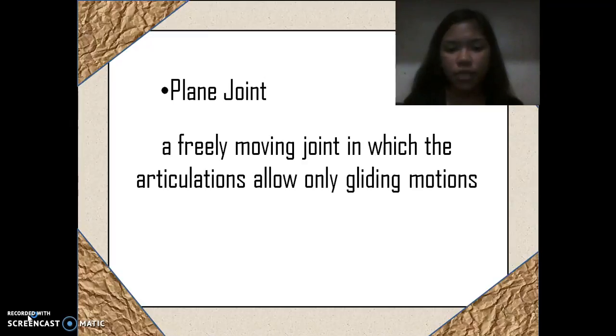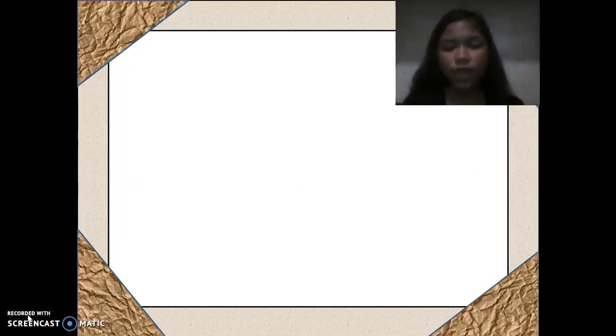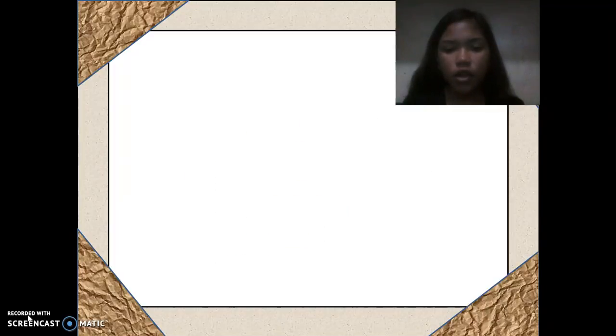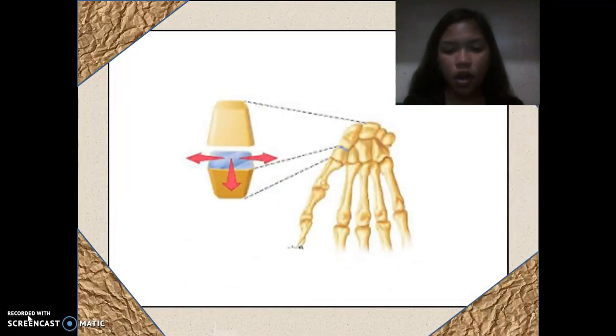Plane joints permit sliding movements in the plane of articular surfaces. The opposed surfaces of the bones are flat or almost flat, with movement limited by their tight joint capsules.